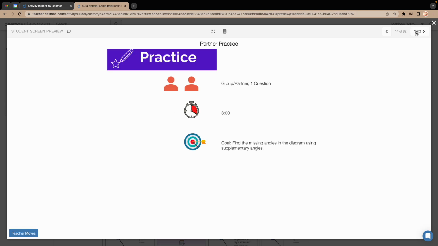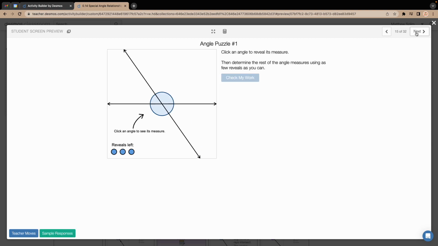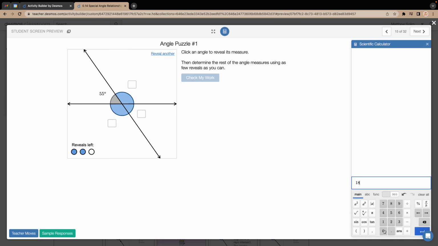So we did a bunch of puzzles like this in class today where you had to figure out some missing angles. You could click to reveal this one. This one's 55. So the one next to it has to add up to 180. So 180 minus 55, because that would make a straight line. This one has to be 125. Let's figure out another angle.